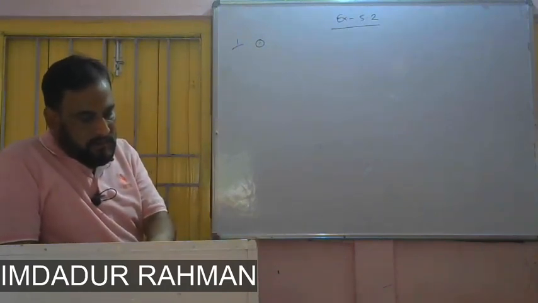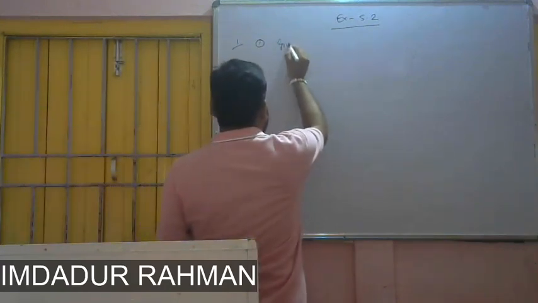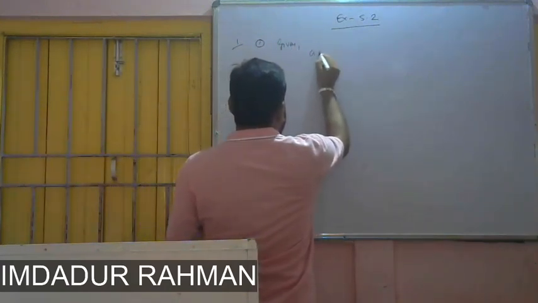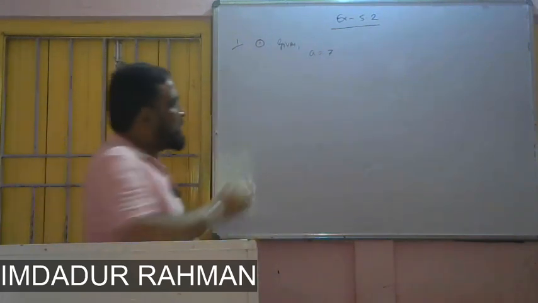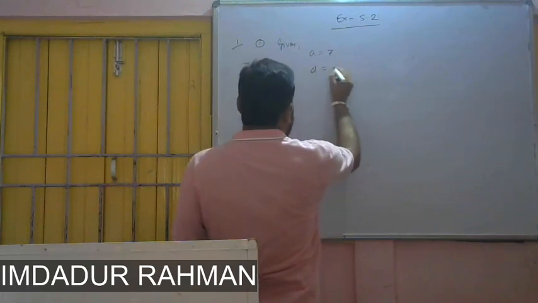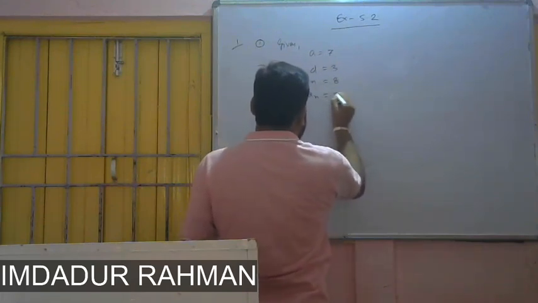Fill in the blanks. Okay, what is given? Given a is equal to 7, d is equal to 3, n is equal to 8. We have to find out an. an is to be found.